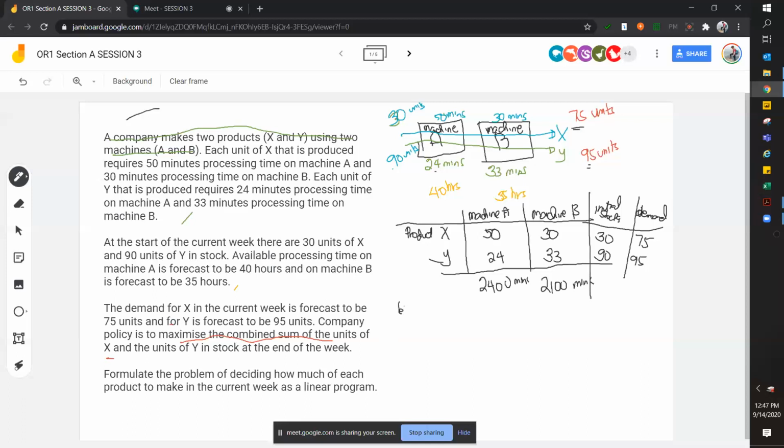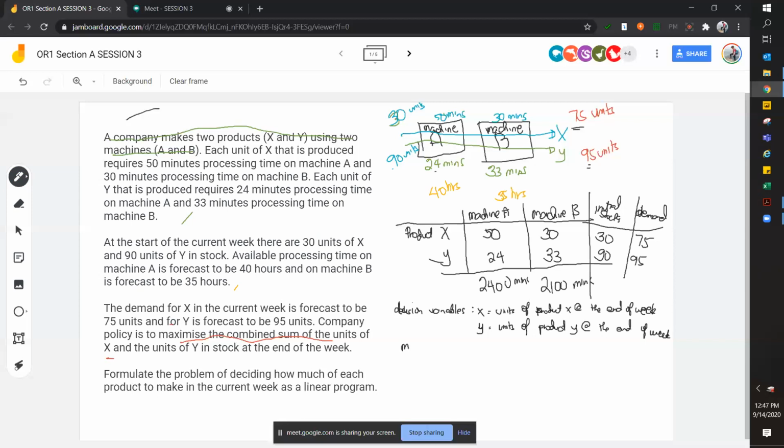If we let X equal units of product X at the end of the week, and Y equal units of product Y at the end of the week.